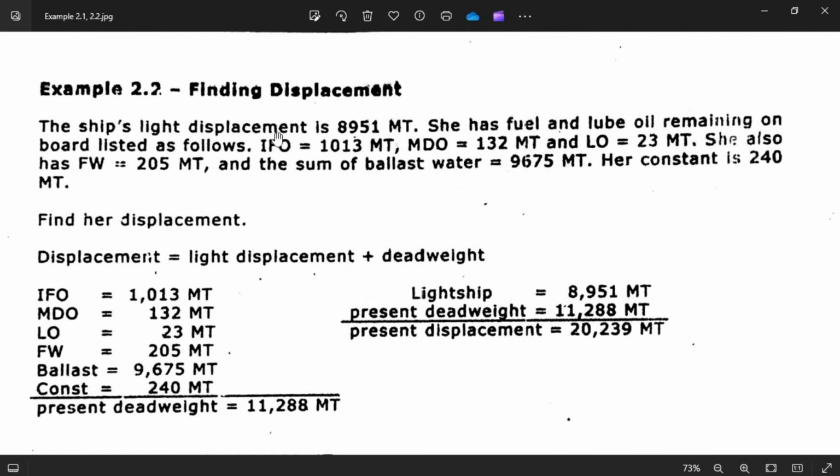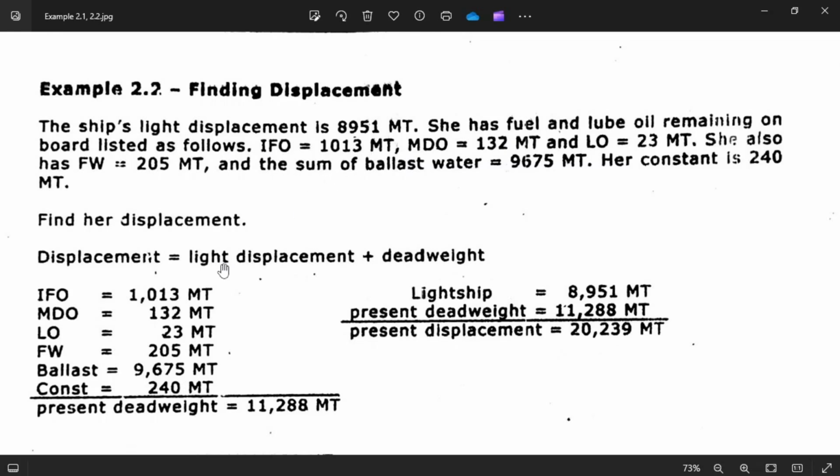Example number 2, finding displacement. The ship's light displacement, meaning light ship, for example, is 8951 metric tons. She has fuel and lube oil remaining on board as follows.